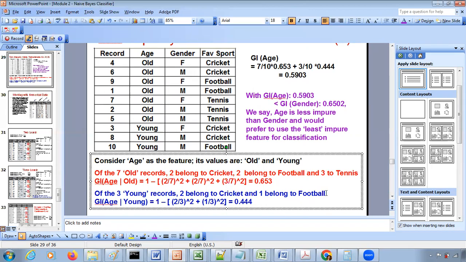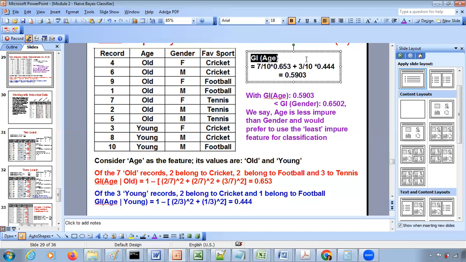And 1 minus the sum of the squares of the fractions gives 0.653. And then for the 3 young records, we have 2 for cricket and 1 for football, nothing for tennis. So it will be 2 over 3 for cricket squared, plus 1 over 3 for football squared, plus 0 over 3 for tennis, but since it is 0, I didn't show that here. So the math will give you 0.444 as the Gini impurity index score.